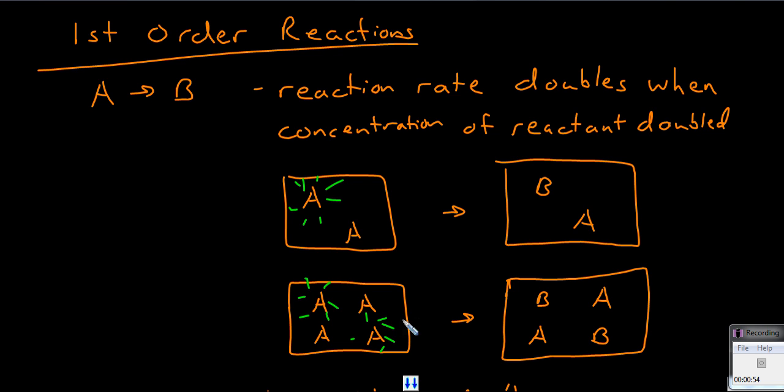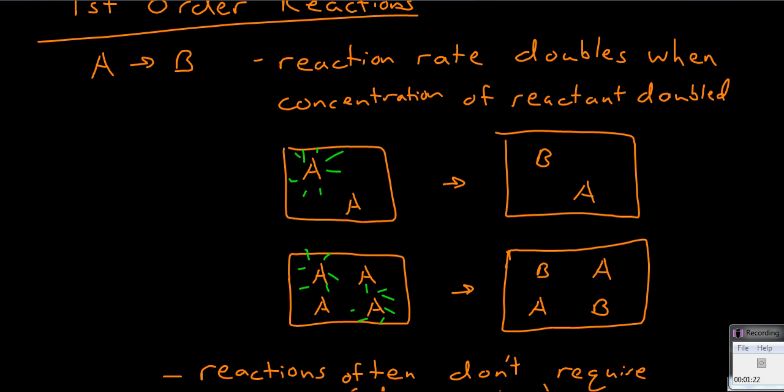You see that the proportion of your reactant particles which react in a given moment of time is unrelated to the concentration of those reactants. Whether you have 2 A's or 4 A's, still only half of your A's will react in a given moment.